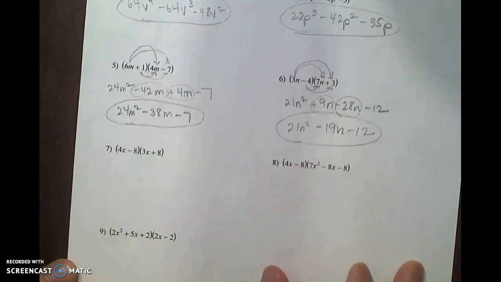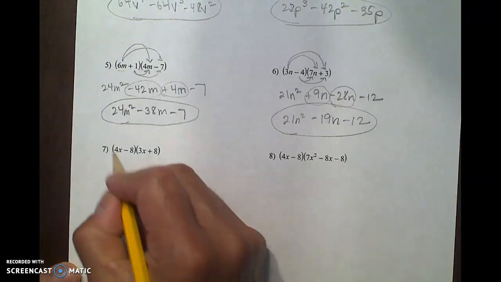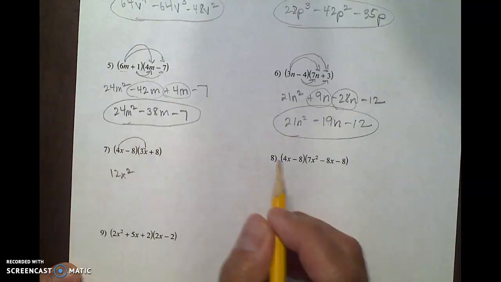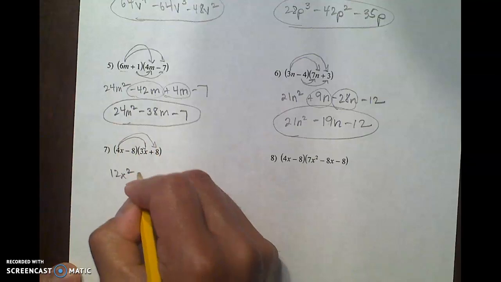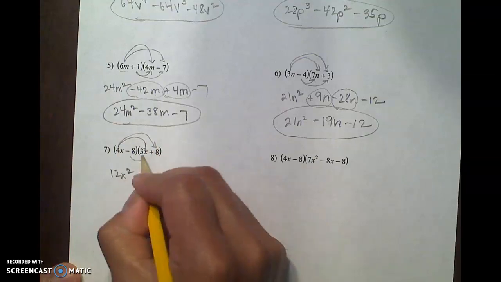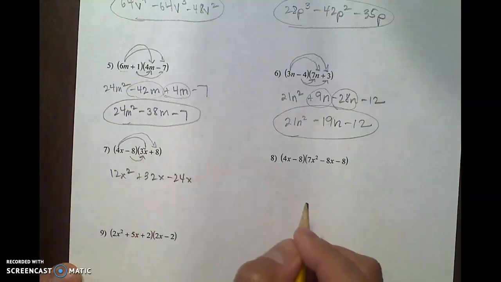Alright, one more time with binomial times another binomial. 4x times 3x is 12x squared. 4x times 8, 32x. Negative 8 times 3x, negative 24x.